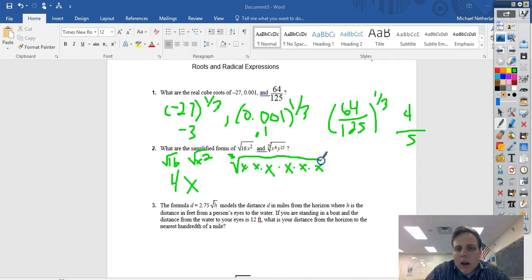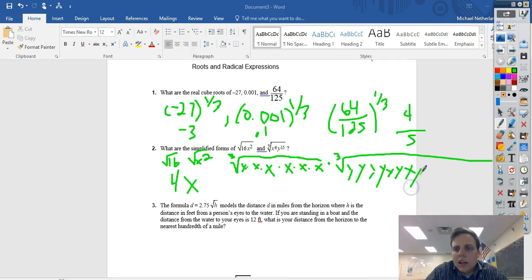And then y to the 15th, which is going to be a doozy to write, is y times itself 15 times: 1, 2, 3, 4, 5, 6, 7, 8, 9, 10, 11, 12, 13, 14, 15.